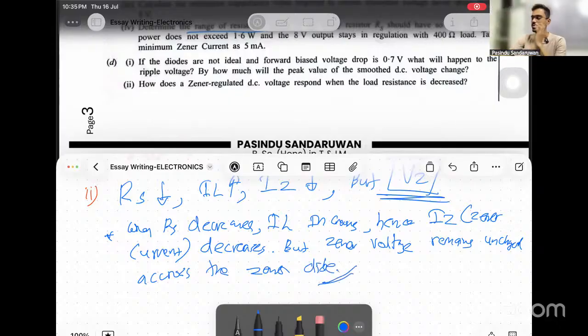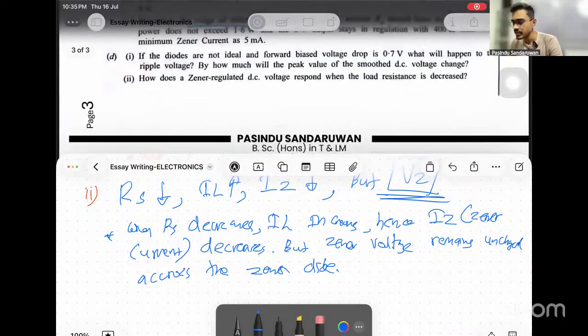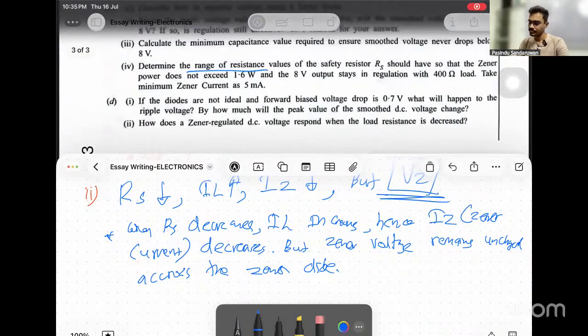That's the most important feature about a Zener diode. That's it about that question.